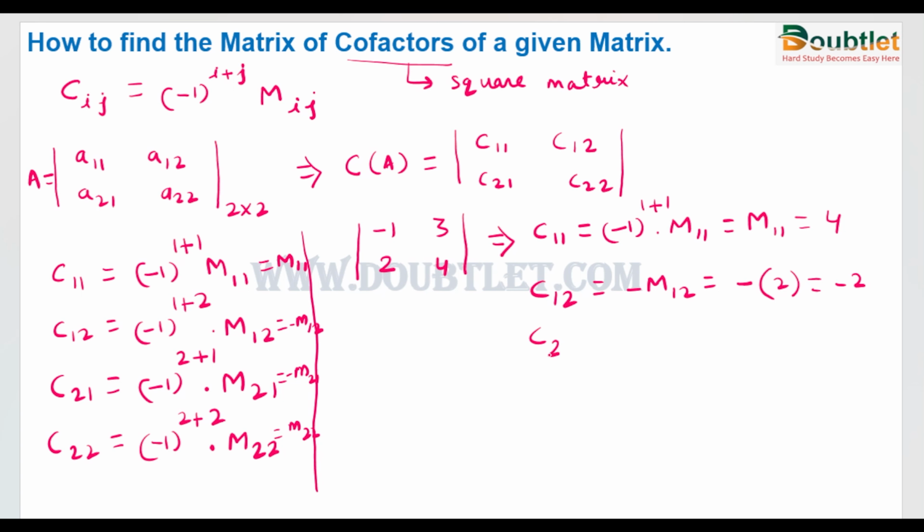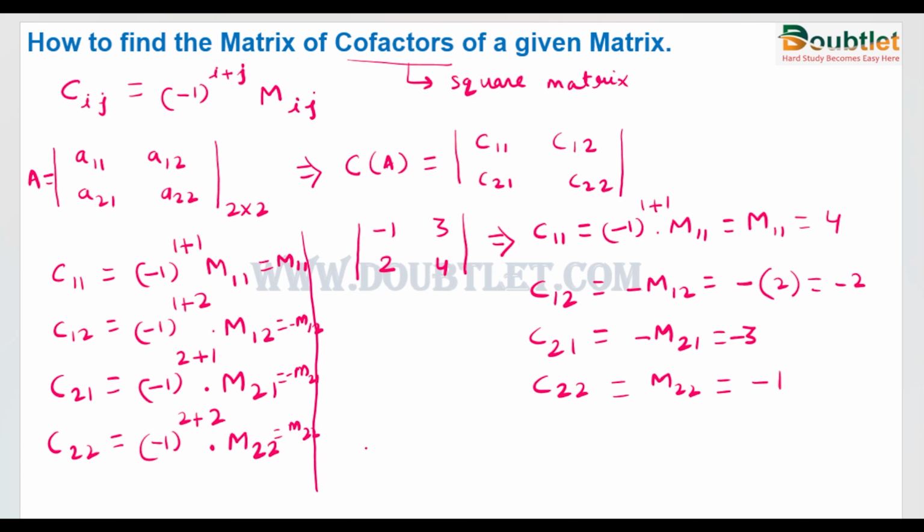For the second row and first element, we write minus of M21, and M21 means the second row and first column are removed and we take the determinant of the remaining matrix. Its value is 3, and we apply a minus sign before it. C22 is M22, so we remove the second row and second column, and the remaining element is minus 1.